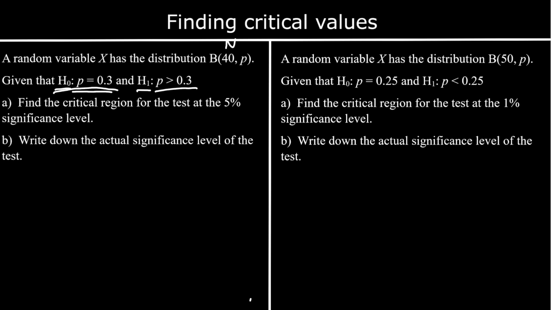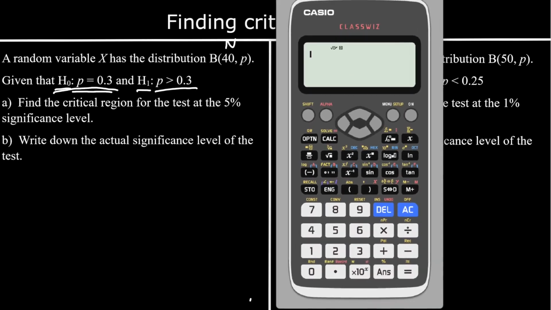So I'm just going to grab the calculator. We're in binomial distribution, and we're going to look at the cumulative binomial CD for a variable X. Now we can put in any number here, and we're going to try and find the most extreme 5%. If we do 0.3 times 40, that's what we'd expect to get.